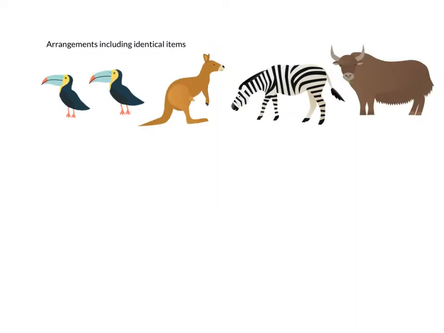In the next situation, we can have identical items. So in your textbook, they do this with words quite often. So they will say to you, look, how many ways can you arrange the letters in parallel?